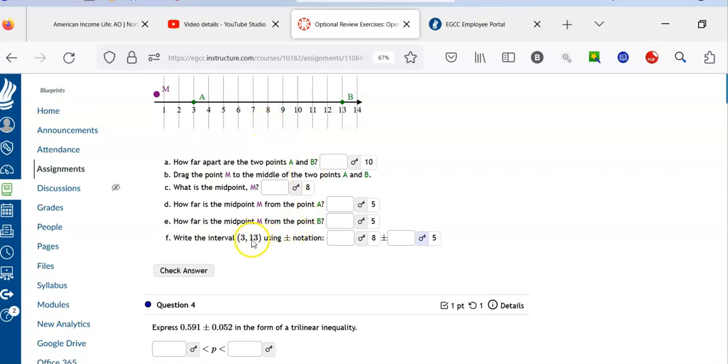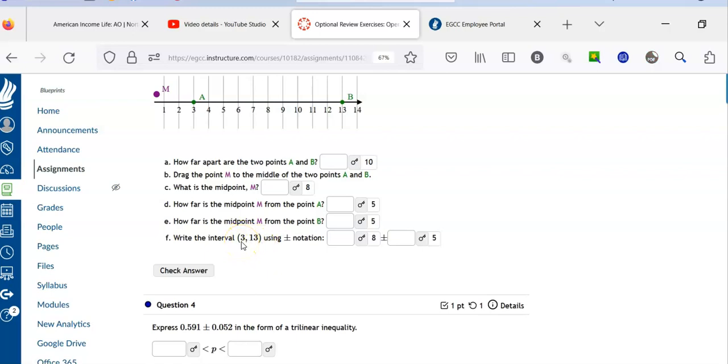So you take the number in the middle and you add and subtract the same amount, okay? So 8 plus or minus 5. 8 plus 5 gives you 13. 8 minus 5 gives you 3. Okay, so that's what that means. I'm going to take 8 and I'm going to add and subtract the same number. Okay, so another way to think of this, if you knew this was the interval 3 and 13, and you're going to have to know this for this chapter, the interval 3, 13.